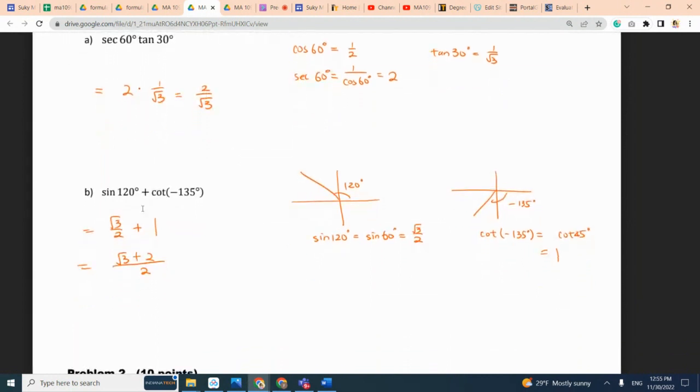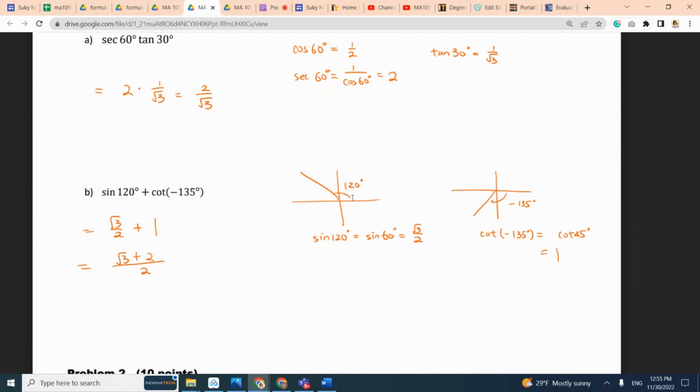And then part B, when the angle is outside of the first quadrant, you need to look at the reference angle, right? 120 degrees is actually in quadrant 2. So you see the reference angle. The reference angle is 60 degrees.